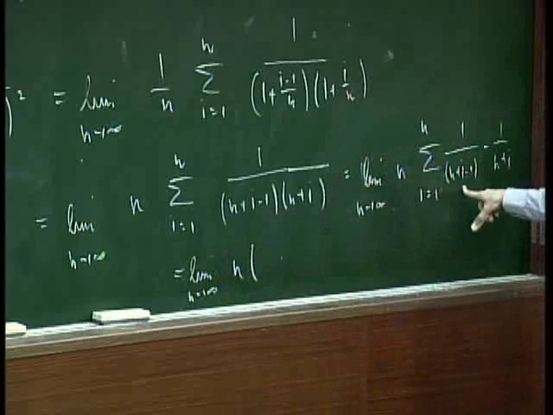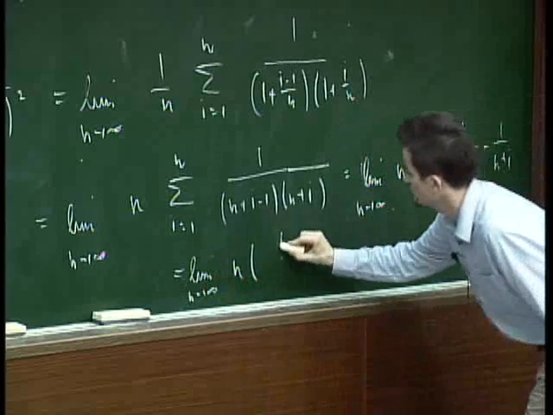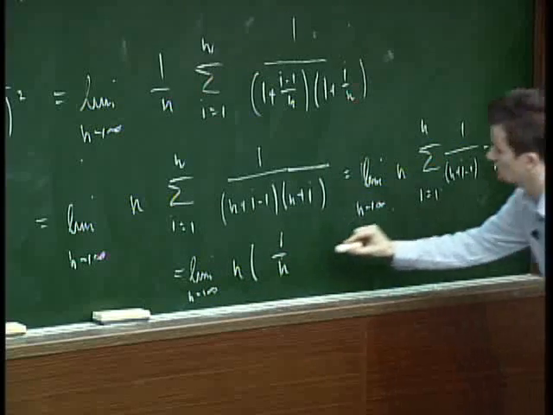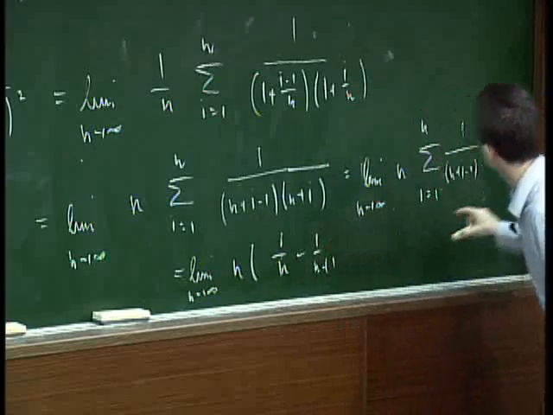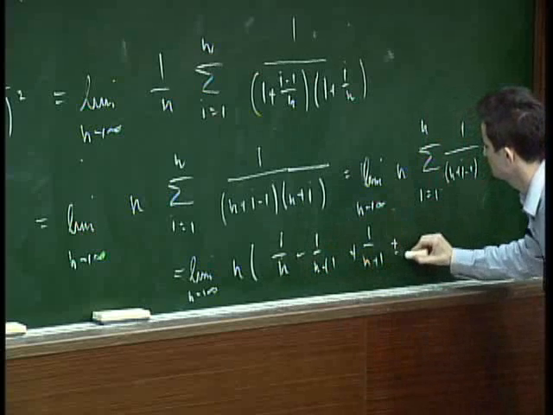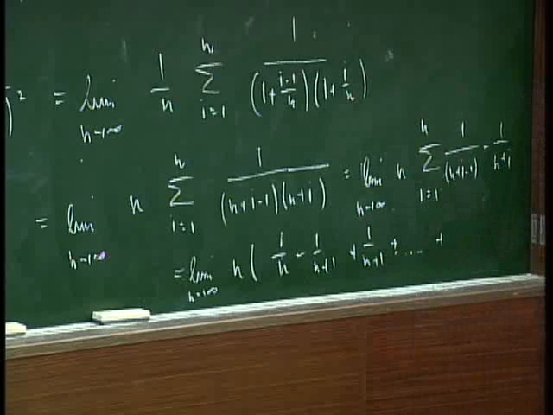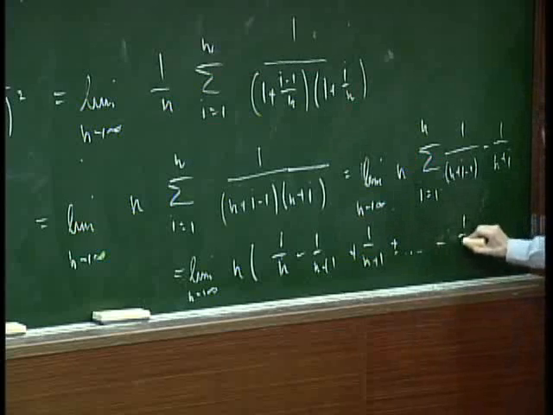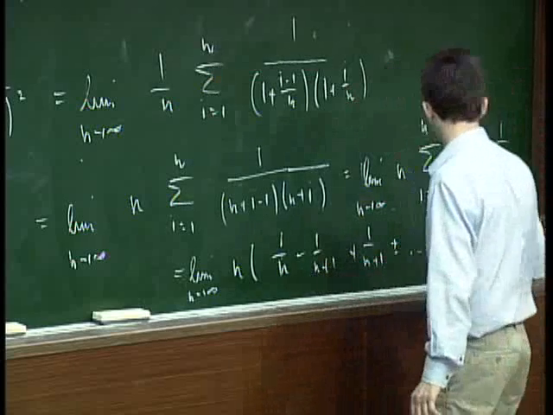So if you write this sum down, you have the limit n tends to infinity of n times, and the first term is 1 over n minus 1 over n plus 1. The next one is plus 1 over n plus 1 minus, and so on. And the last one is minus 1 over 2n. And actually, the middle ones all cancel out.